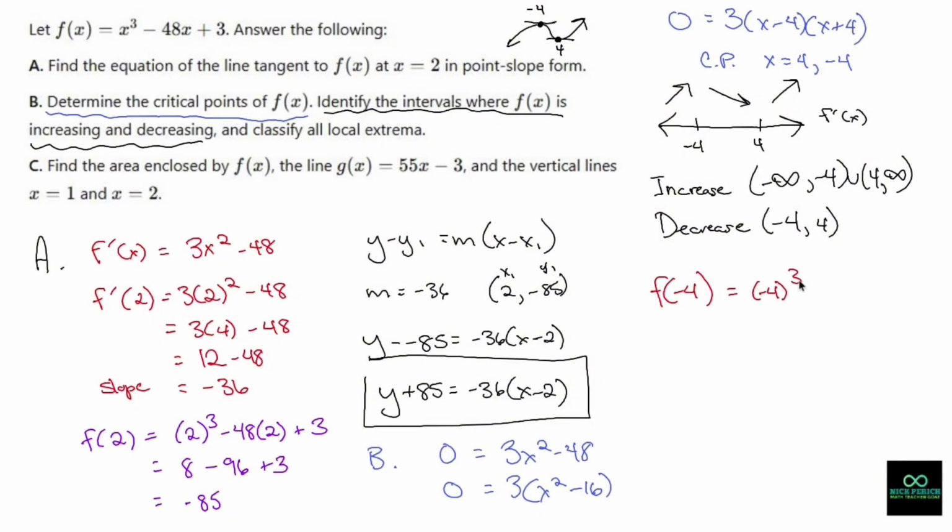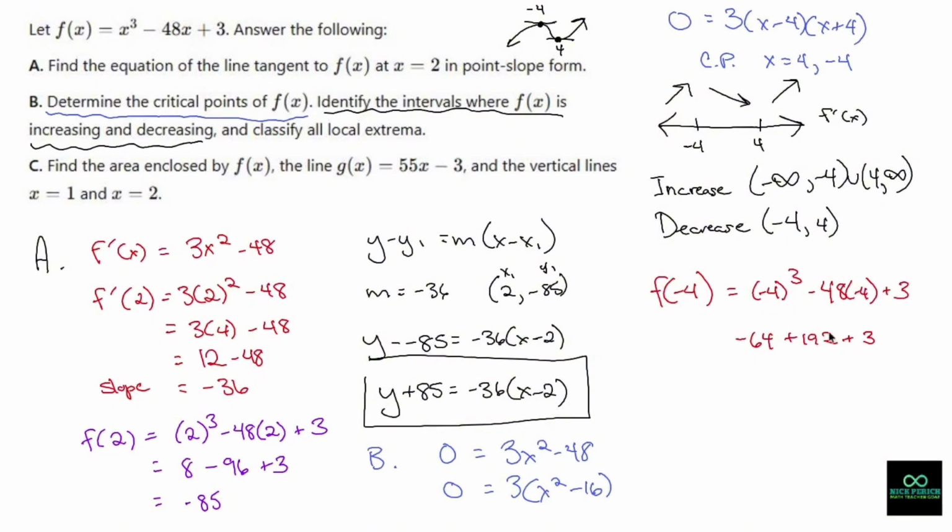So that's going to happen at negative 4 cubed minus 48 times negative 4 plus 3. So negative 4 cubed is negative 64. Minus 48 times negative 4 is going to be 192 plus 3.